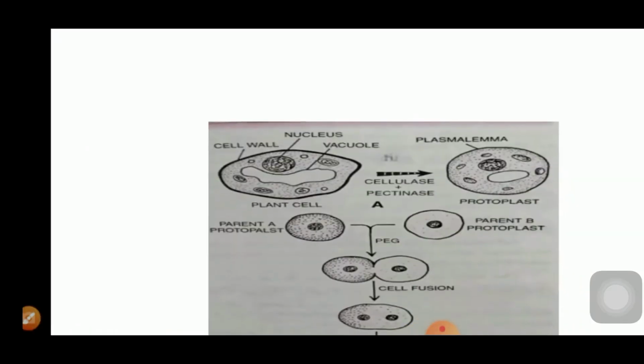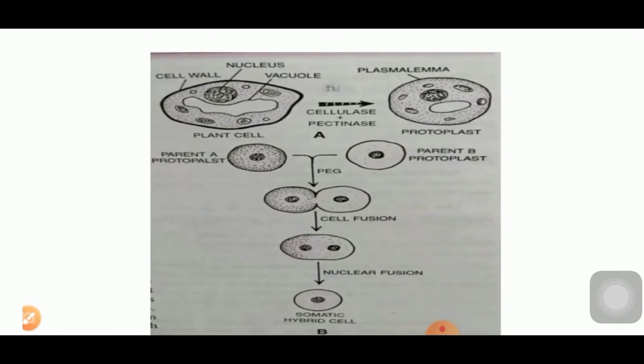Another example of somatic hybridization is a cross between tomato and potato, developed by Melchers and his colleagues in 1978.